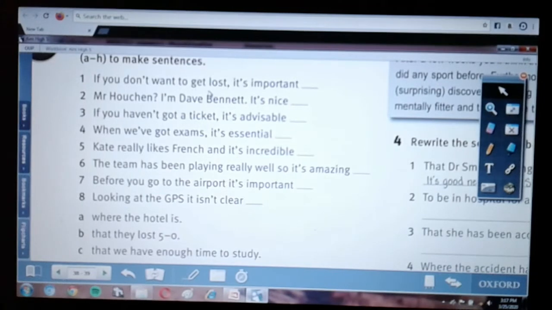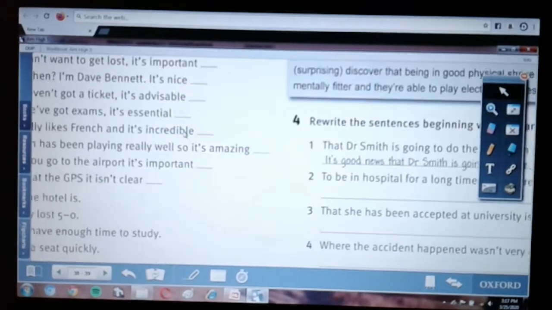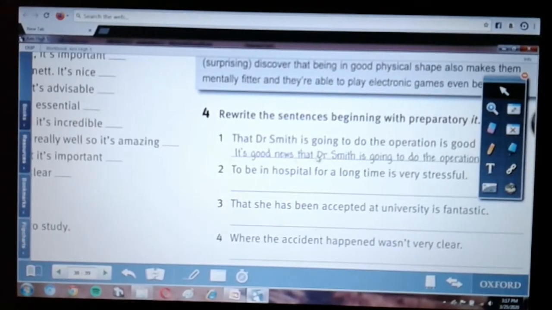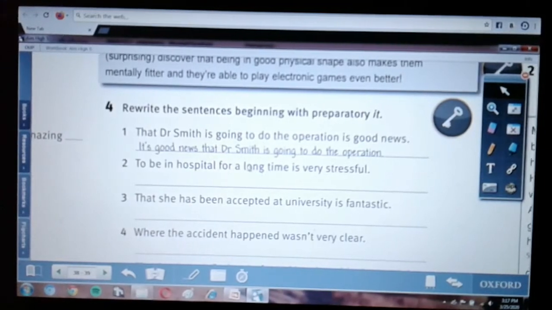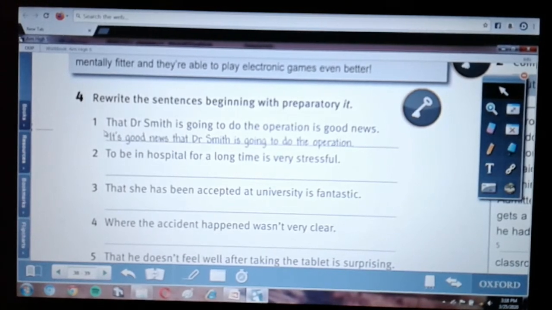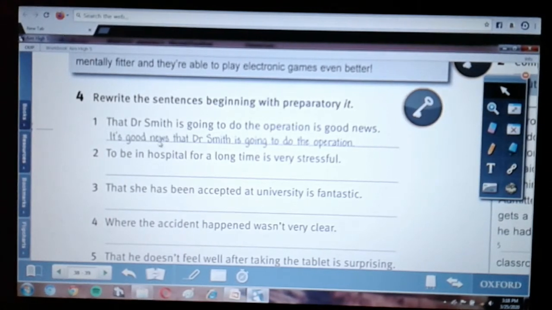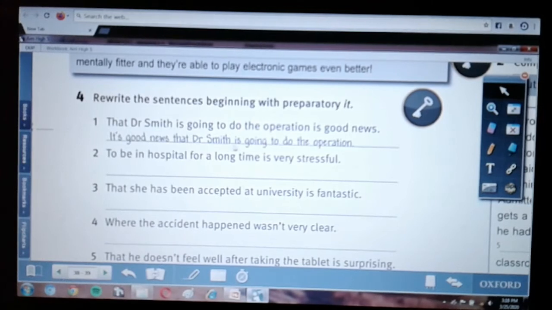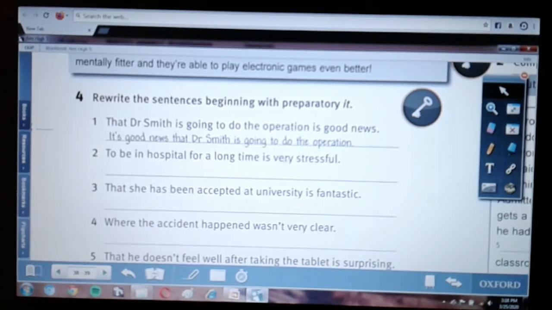So you just have to match them. And later, please do part 4, in which you have to rewrite the sentences beginning with preparatory it. So take a look, the sentence starts with that. So what you are going to do is to change it into: it's good news that Dr. Smith is going to do the operation.